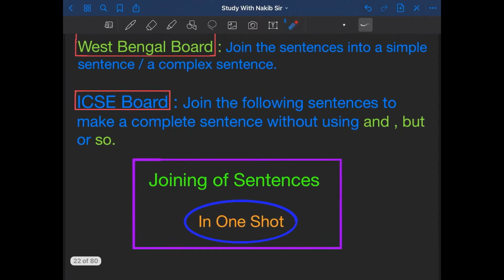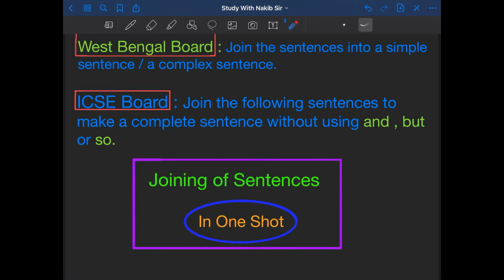This lesson has 4 sections: section A, B, C and D. In section A, 6 important elements necessary to combine the given sentences into a simple sentence are discussed. In section B, the concept of clauses in English is discussed.